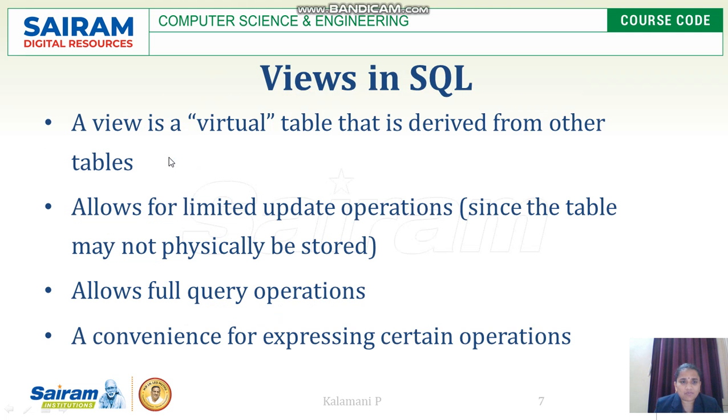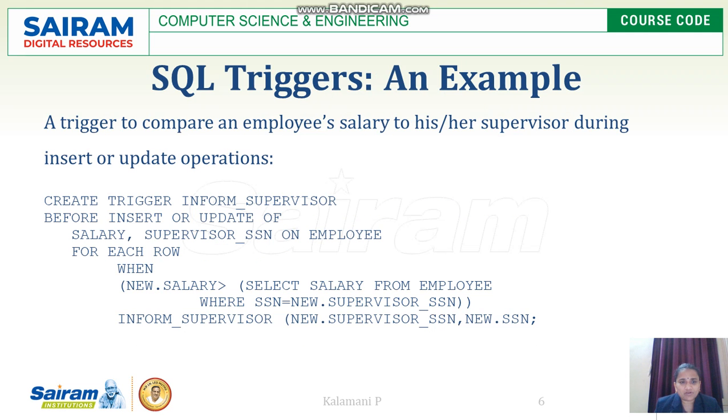Next we are going to see views. But before that, in the triggers concept you should be clear. You should specify clearly what the event is, what the condition is, and what the action to be taken is. Otherwise you are going to confuse triggers and assertions.